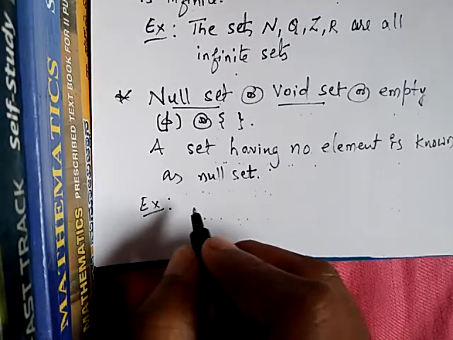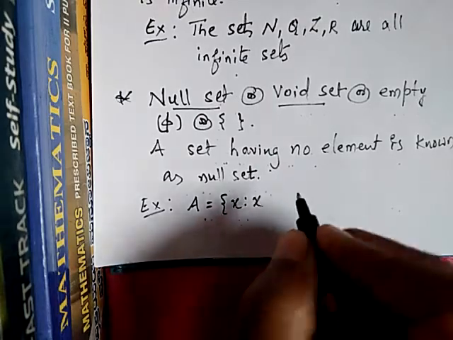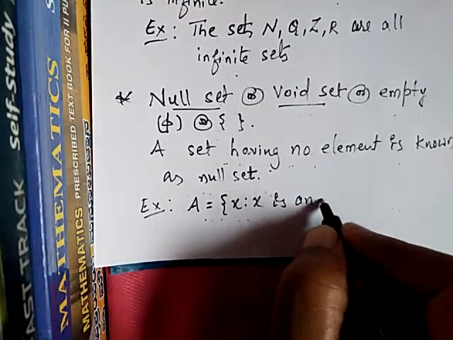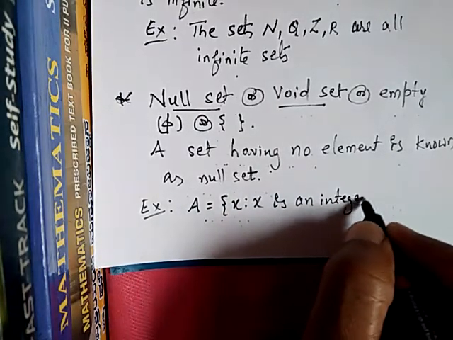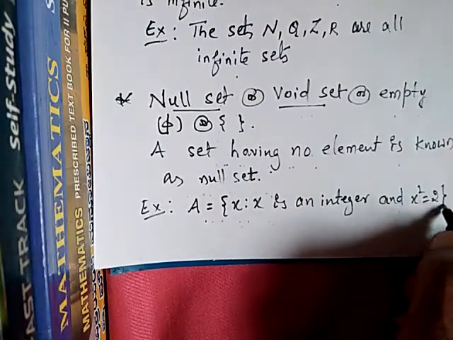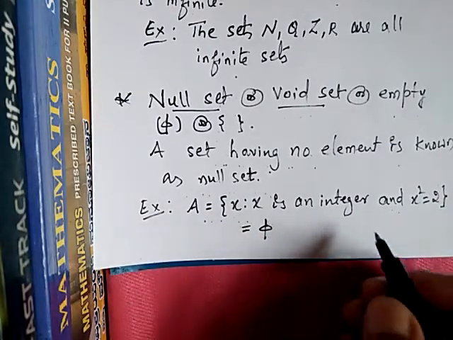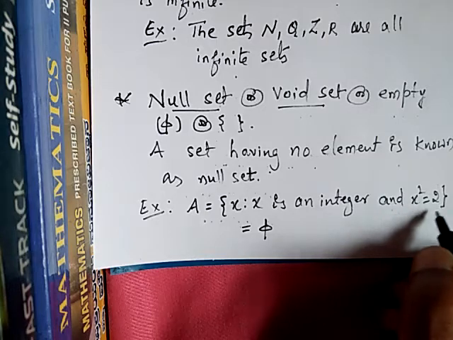I will take A equal to {x : x is an integer and x² = 2}. So this is φ. You don't have any integer which, if you square it, gives 2.